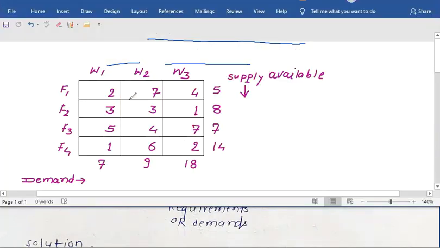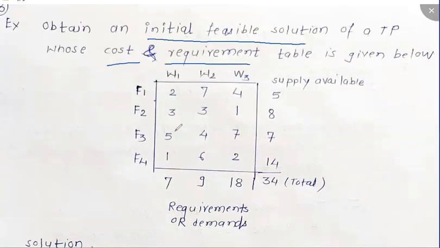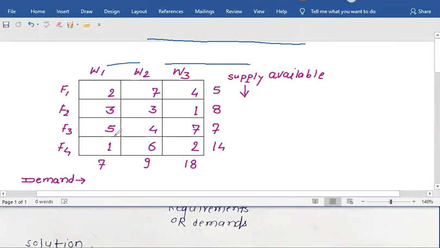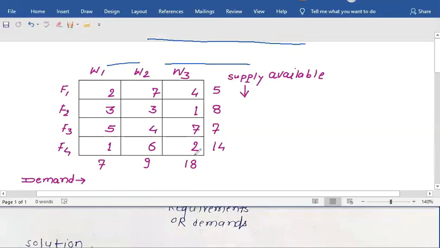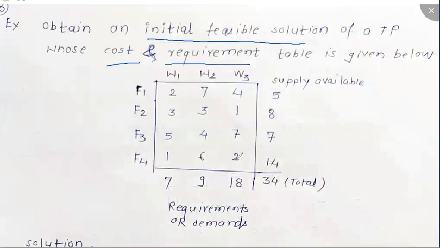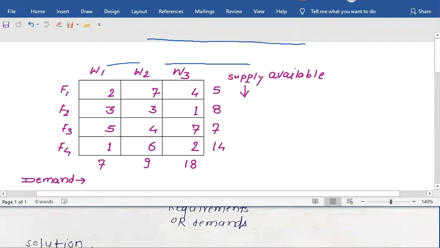So this is the problem. First row is 2, 7, 4. Second row is 3, 3, 1. Third row is 5, 4, 7. Fourth row is 1, 6, 2. Supply available is 5, 8, 7, 14, and requirement at these 3 warehouses is 7, 9, 18.